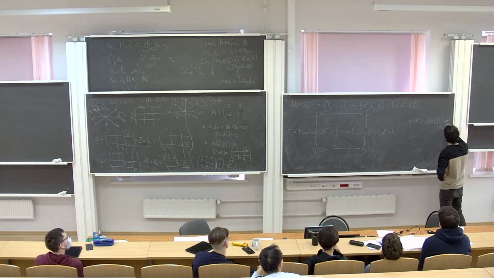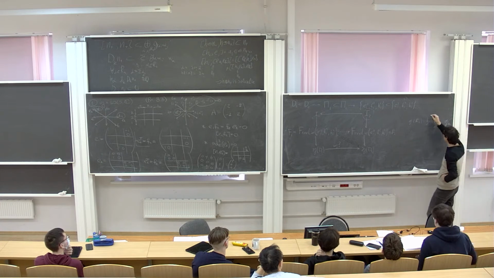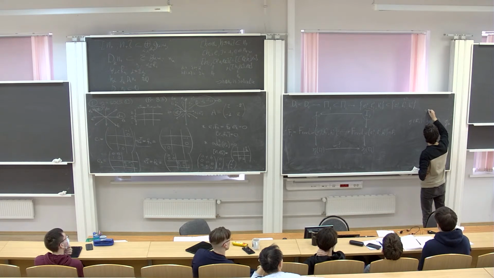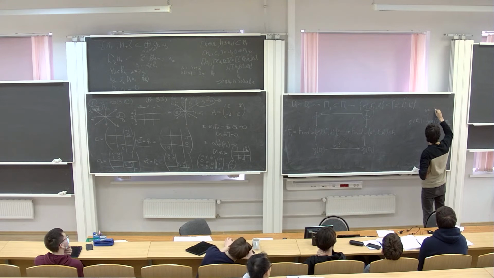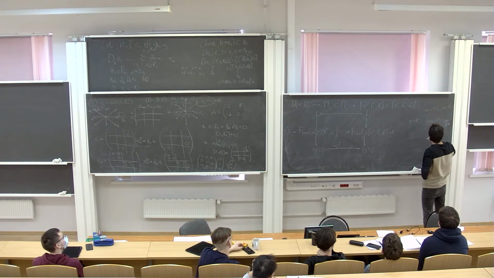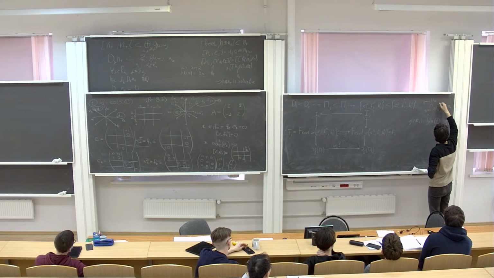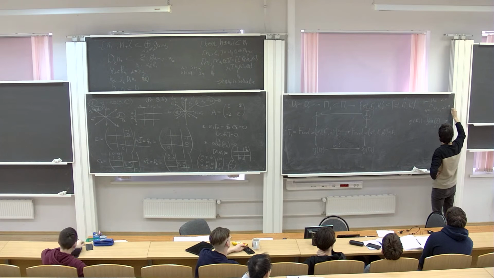Inside here I can consider the span of H alpha as alpha in pi 1, H1 maybe. And inside here I have the span of H alphas as alpha in pi 2. Yes, right.